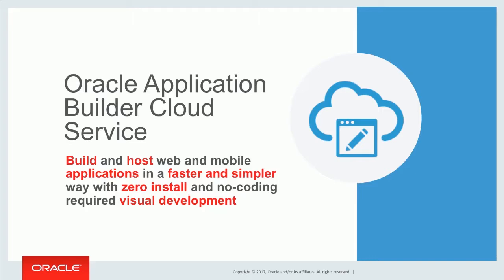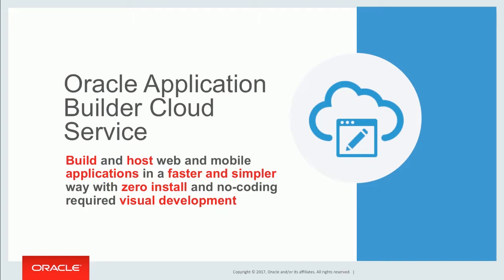Application Builder Cloud Service is an environment that allows you to build and host web and mobile applications that are built using Oracle Jet, by the way. It focuses on providing a faster and simpler way to build those applications by providing a visual development experience and zero install. You can't download this product. This is a cloud product.